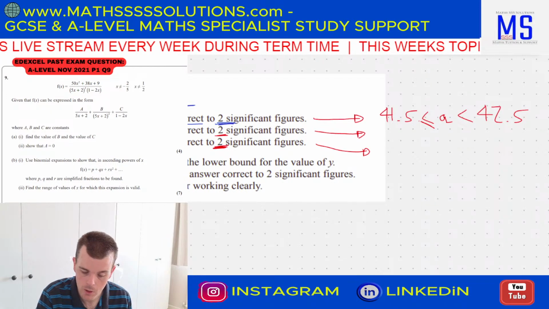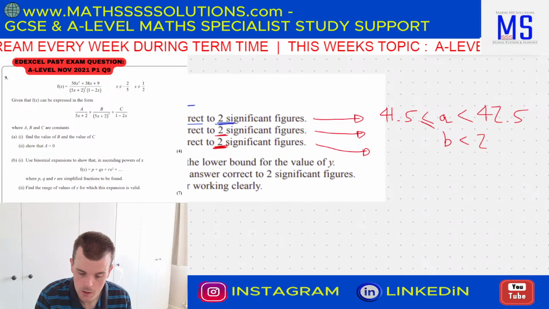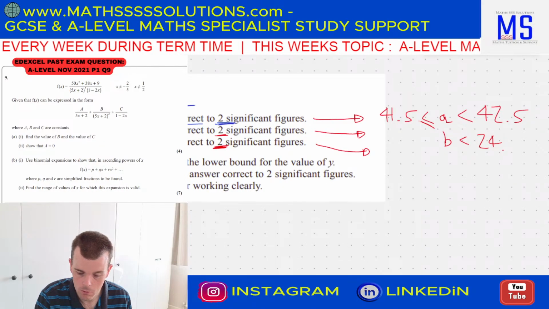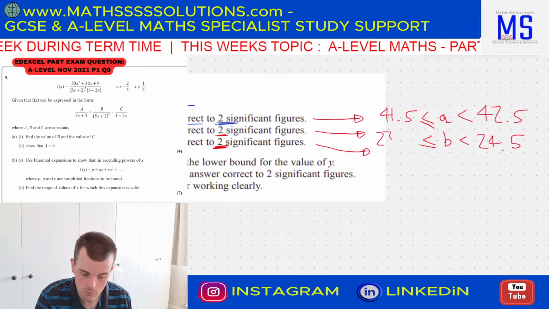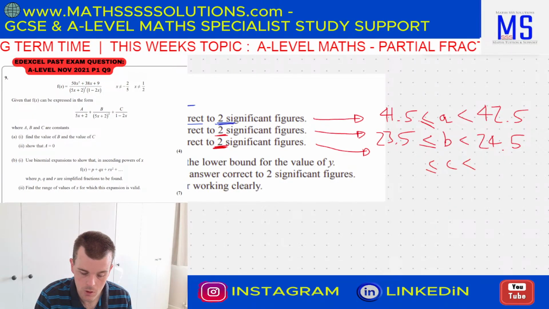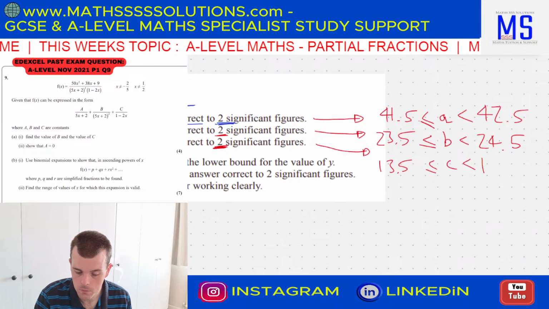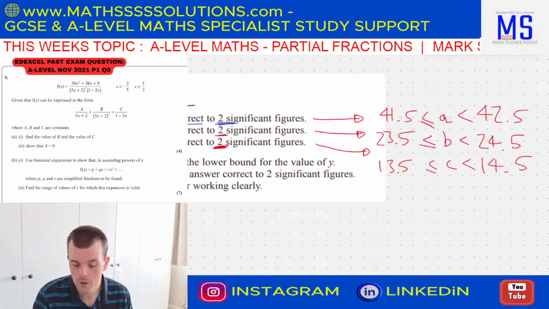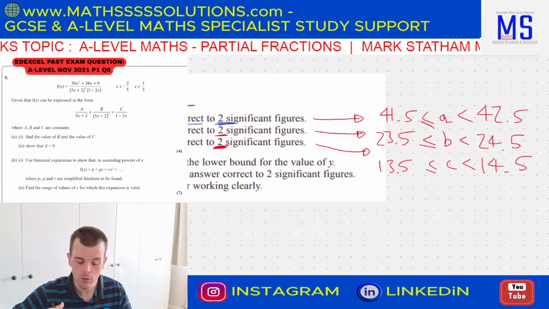But in this particular question, b is very similar. It's lower than 24.5 but higher than 23.5, and also c is between 13.5 and less than 14.5. So the first thing you do in bounds questions is you write an error interval for each value that has been rounded.